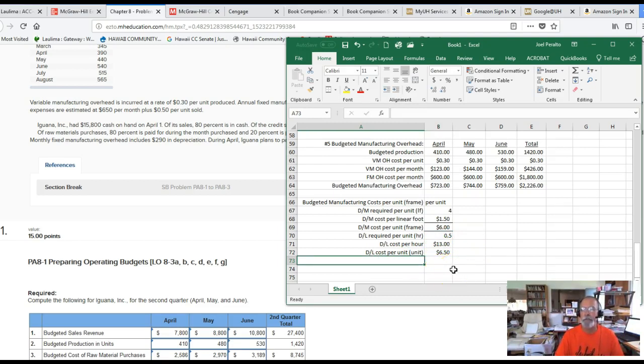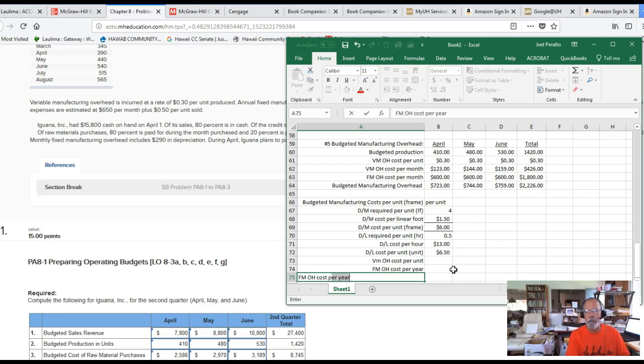And then let's see, our variable manufacturing overhead cost per unit, and our fixed manufacturing overhead cost per year, and our fixed manufacturing overhead cost per unit at 6,000 unit production level.